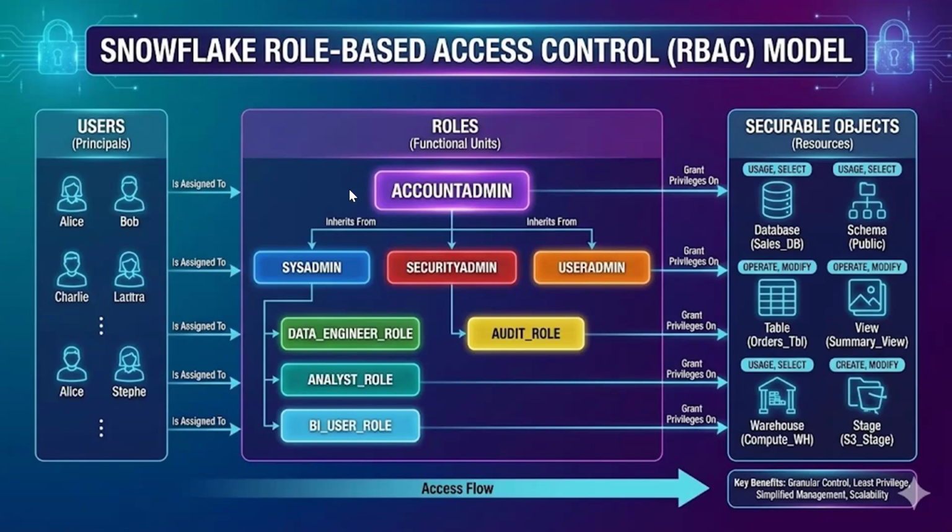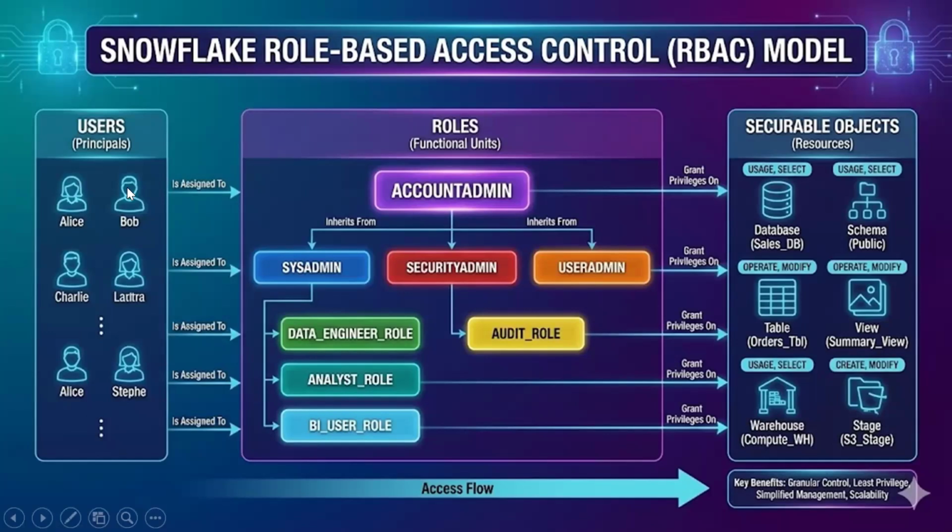And sysadmin is basically under account admin, but all the custom roles, like data engineer role, analyst role, BI user role, any kind of custom roles will be granted to sysadmin. So sysadmin only will use these kinds of roles.